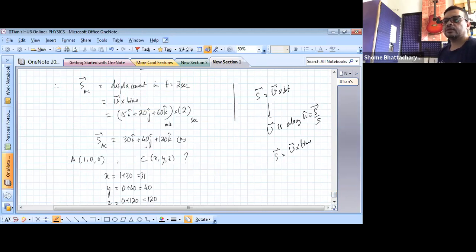So we are calculating the velocity vector, multiplying it with time, and then finding the final coordinates. So just make a proper note of this, people. This is question number 13.